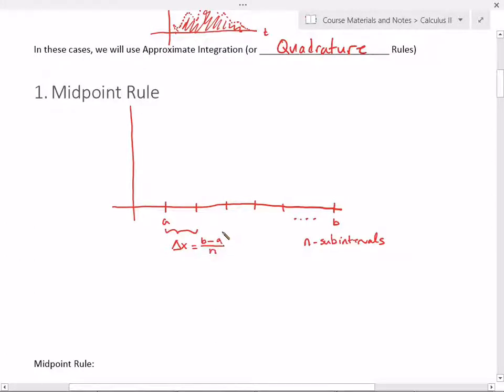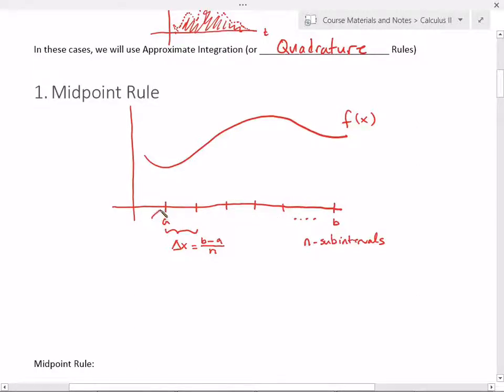So that's a formula I'm going to use in all of these rules. I'm going to take and divide my interval from a to b into n equally spaced subintervals. So I'll calculate that number. Imagine now that I've got a function up here that I want to find the integral for. This is my f of x. First thing I do is label these subinterval endpoints as x0 through xn.